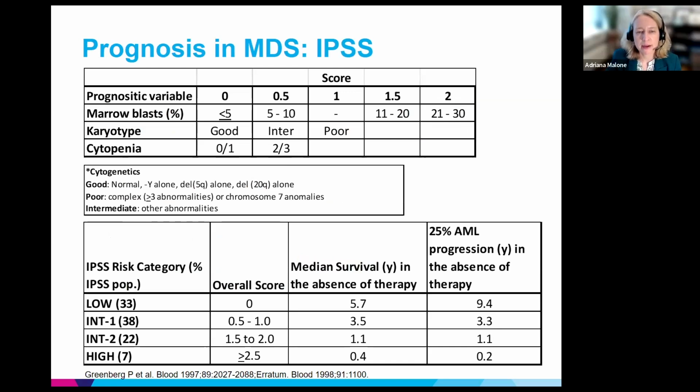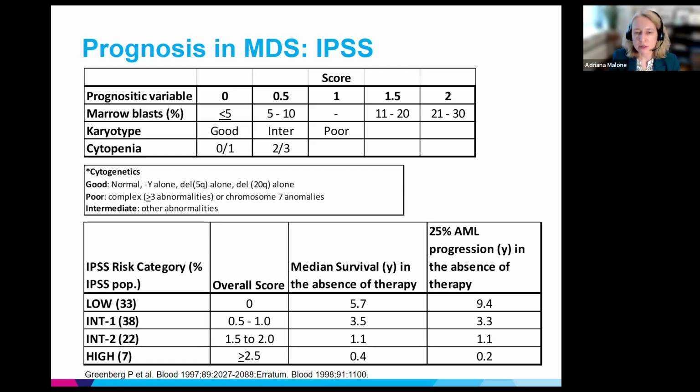We have two primary methods to assess risk of prognosis for patients with myelodysplastic syndrome. We have the IPSS, which uses each of the prognostic variables of bone marrow blast, karyotype, and the number of cytopenias and assigns a score that is then translated into a total score, which stratifies patients into low-risk disease, intermediate 1, intermediate 2, and high-risk disease.